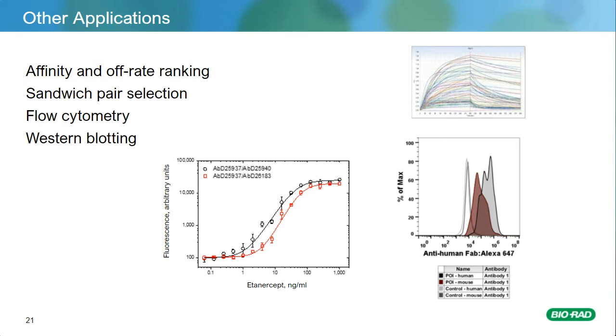So we have a lot of capabilities and a lot of ways of validating the antibodies both during the generation process and afterwards. So, for example, we can screen antibodies by Western blot and flow cytometry. We can use them in bead-based assays. We have a lot of capabilities, so please don't limit your thinking on what your antibody supplier can do to just simple ELISAs and ligand binding assays.